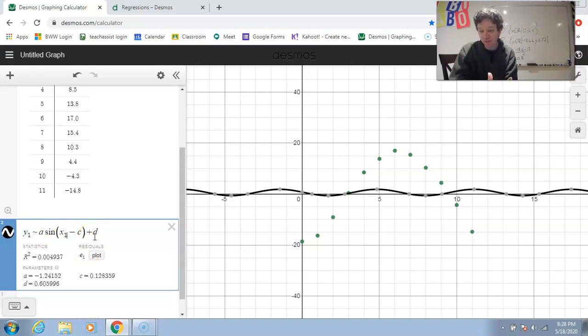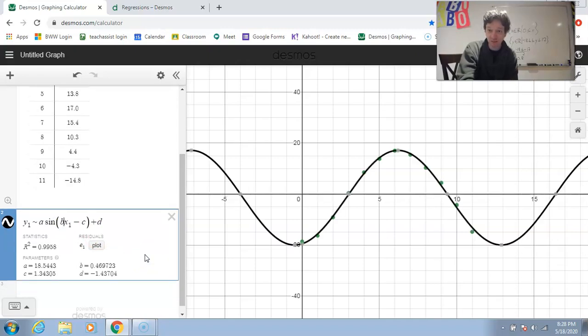But when we're using sine functions to describe the real world, we are going to need a horizontal stretch. So I'm going to put a B right here in front of x1. You don't really need to understand B. We're not going to do any horizontal stretches, but in using Desmos, it does give you a really nice sinusoidal regression if you just throw that B in there.